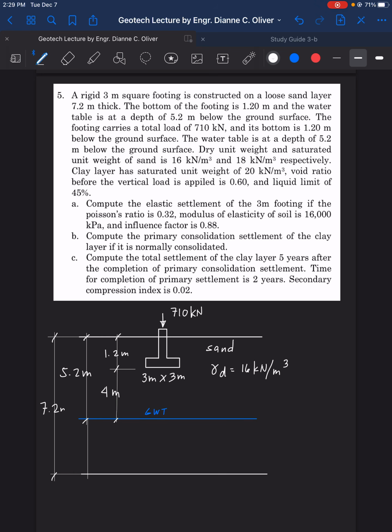If that is 7.2 meters, this is 2 meters. And that is gamma sat of 18 kilonewton per cubic meter, respectively.